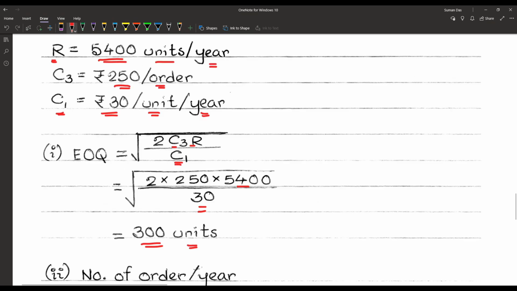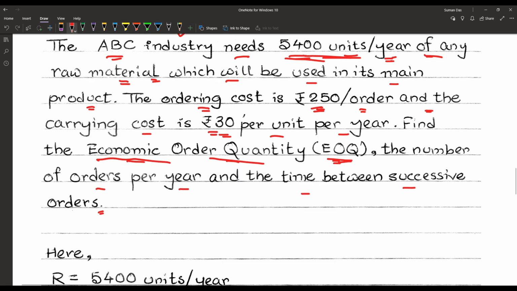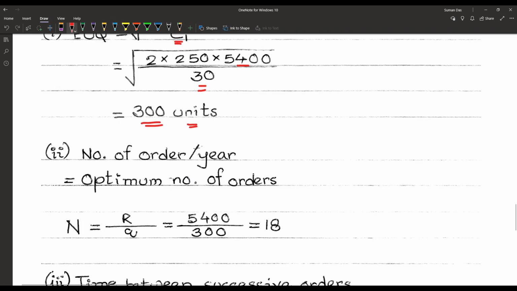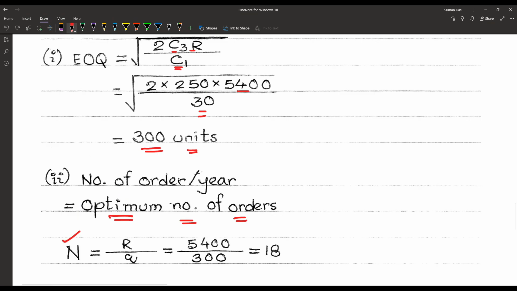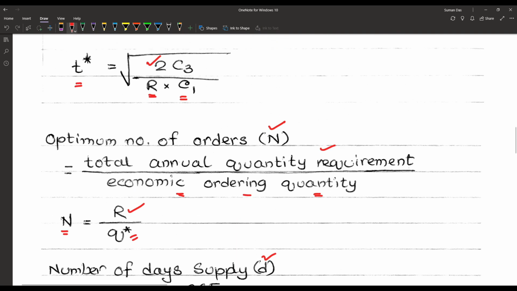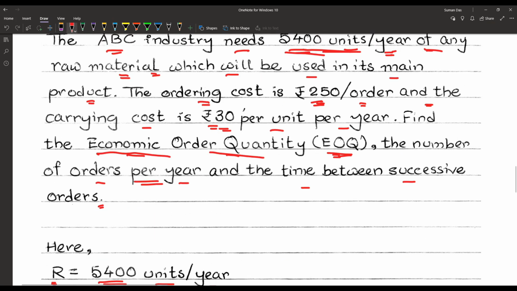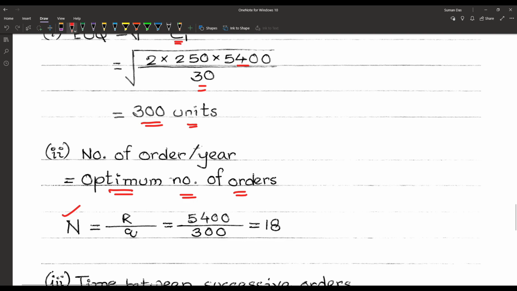Next, second, the number of orders per year. We have to find the optimum number of orders, which is capital N. The formula of capital N, the optimum number of orders, is R upon Q star.